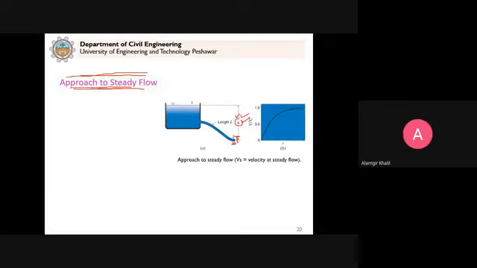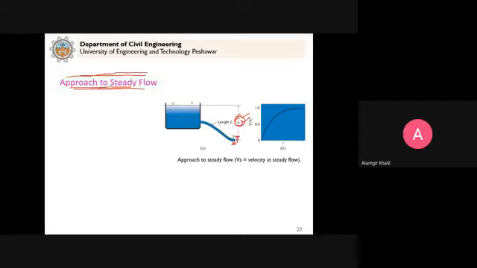So immediately when we open the valve, the head is available, this H is available to accelerate the flow. The flow will accelerate because suddenly you open the valve. Thus flow starts. But as the velocity increases, the accelerating head is reduced by fluid friction and minor losses.